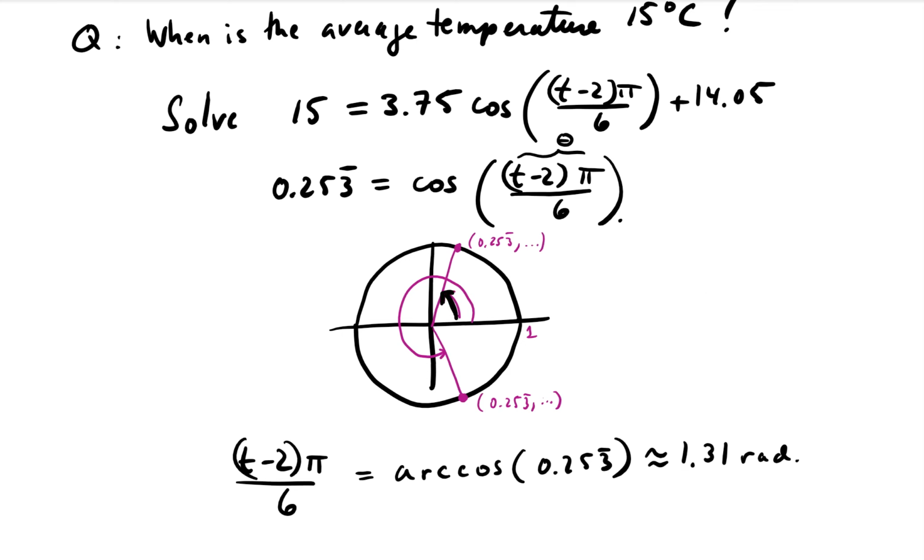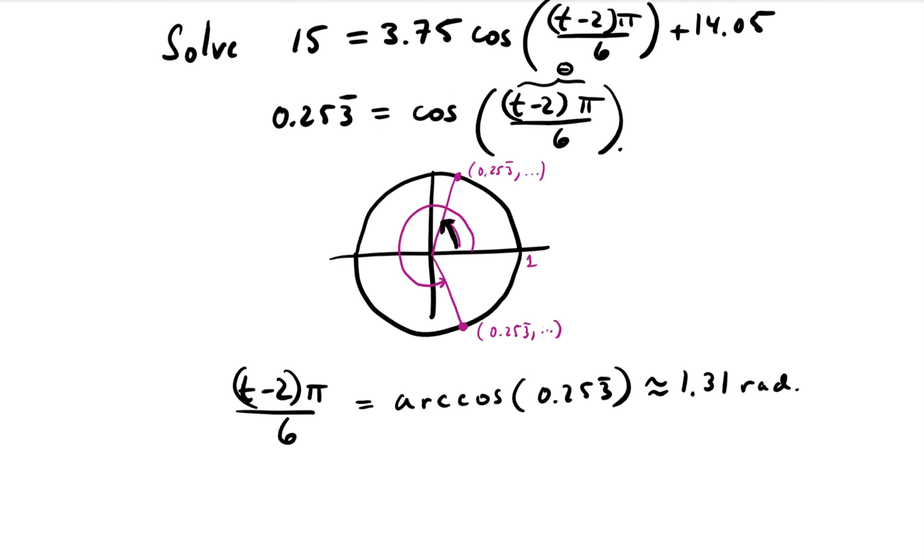And if I want the other angle, well, by symmetry, it's going to be 2 pi minus the angle I just found. So the other possibility here, t minus 2 pi over 6 could be 2 pi minus the arc cosine.